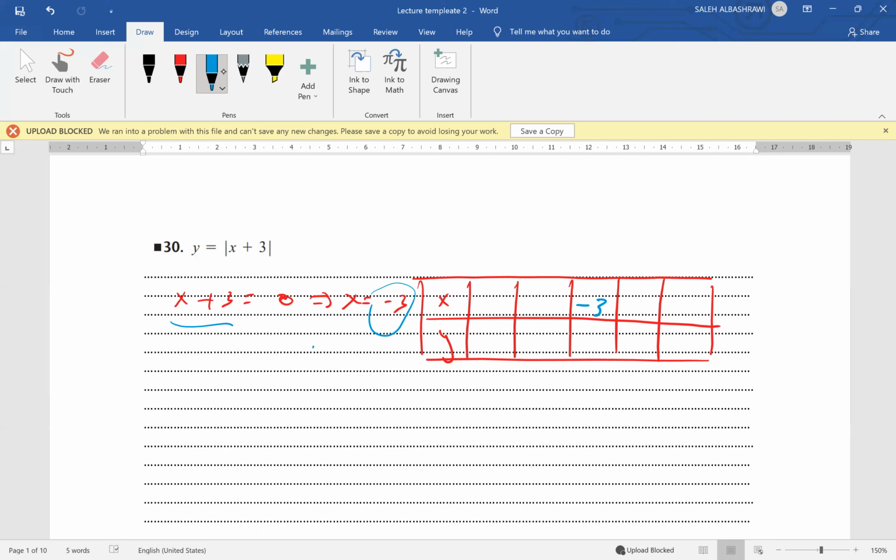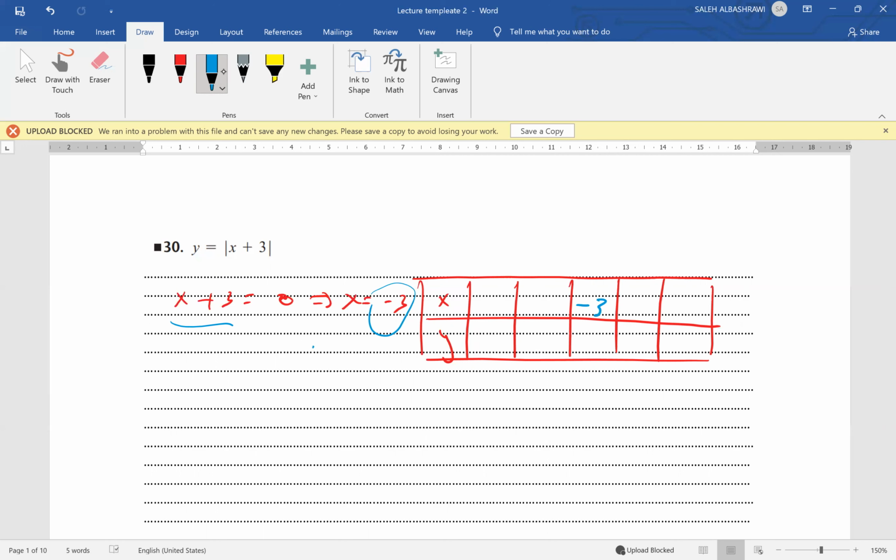First one, I have y, absolute value of minus 5 plus 3. That will be absolute value of minus 2 equal to 2 because of the absolute value. Second one, minus 4. I have y equal to minus 4 plus 3.